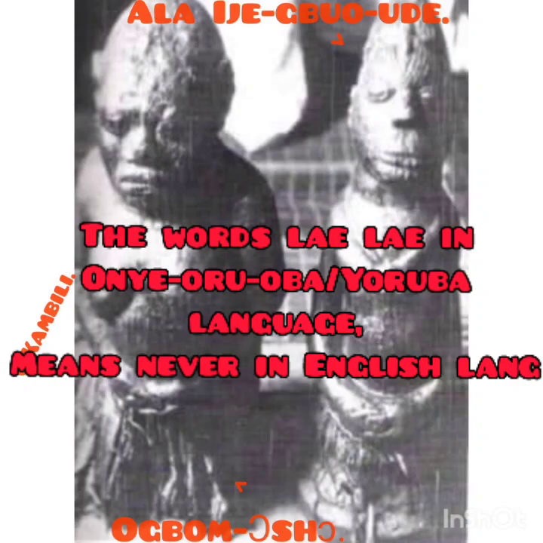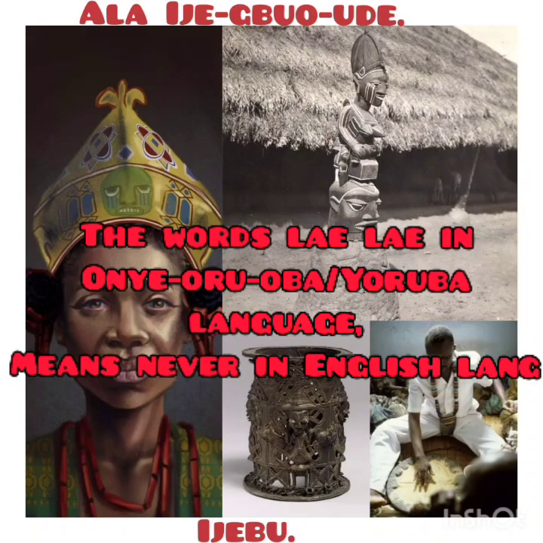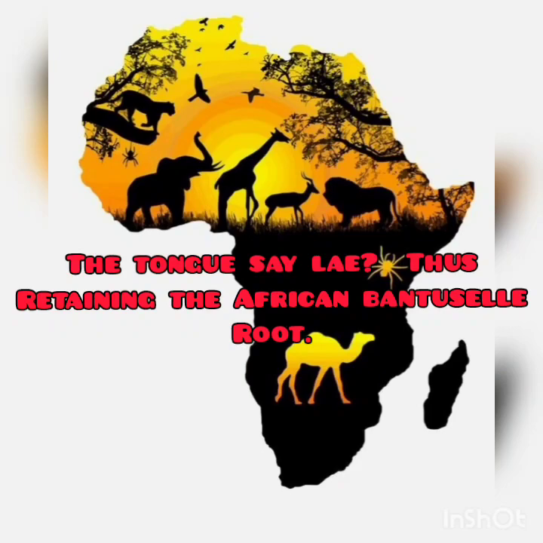The word lai in Ouwarre Yoruba language means never in English language. The tongue says lie, thus retaining the African Bantusel root.